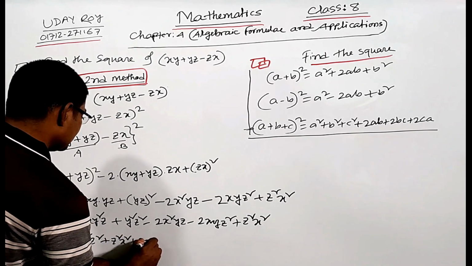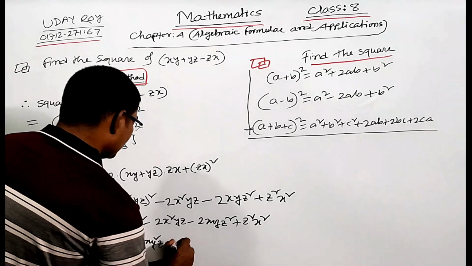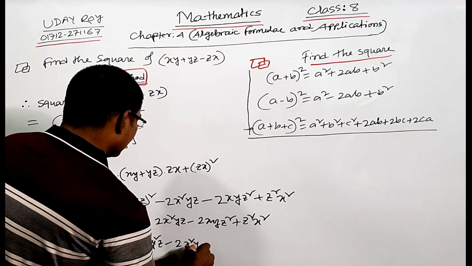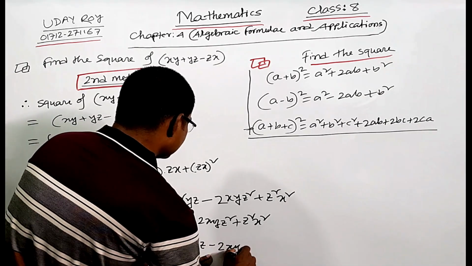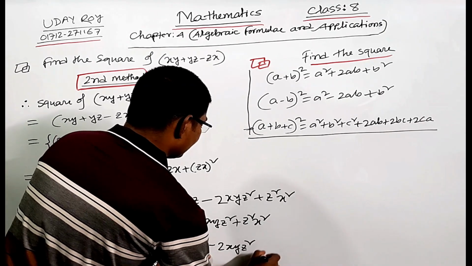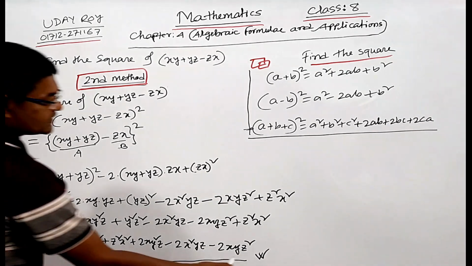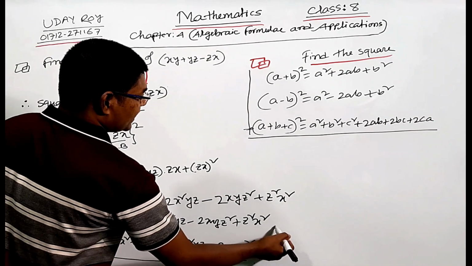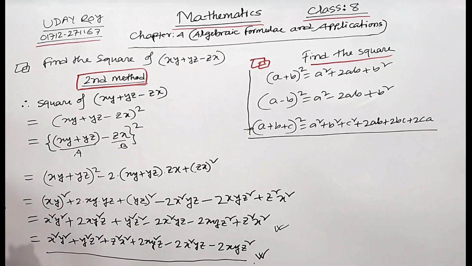Here is plus 2x y square z, minus 2 into x square y z, minus 2x y z square. So if you rearrange this math up to this, it is also correct, and if you do the math up to this, it is also correct.